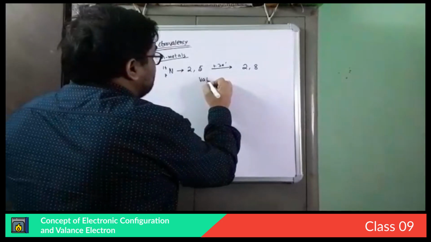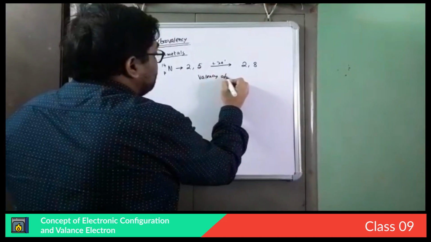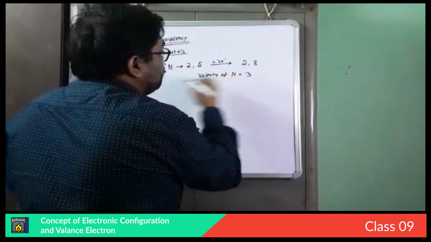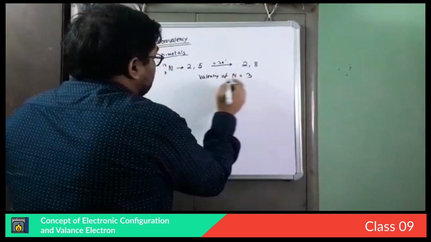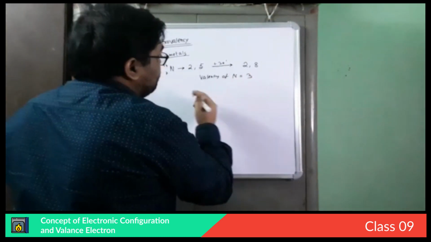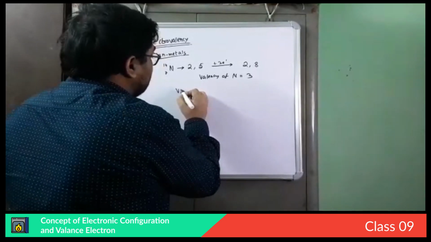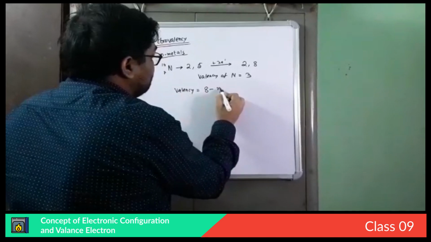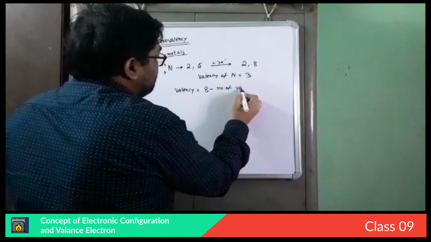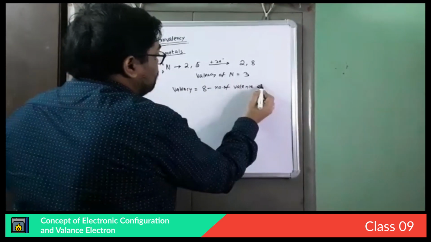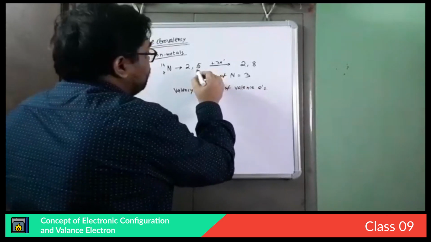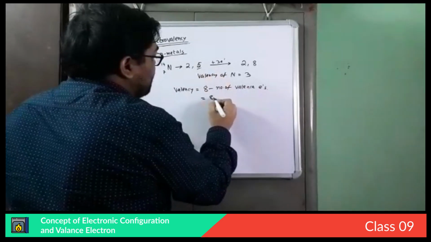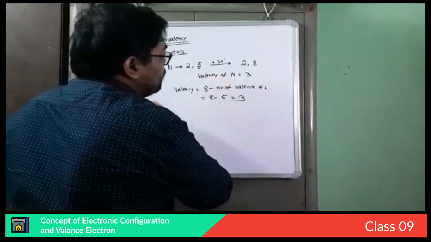Thus we can say that the valency of nitrogen is equal to 3. We can also get the valency by the relation, valency equals, for non-metals, 8 minus the number of valence electrons. For nitrogen the valence electrons are 5, so 8 minus 5 gives you 3.